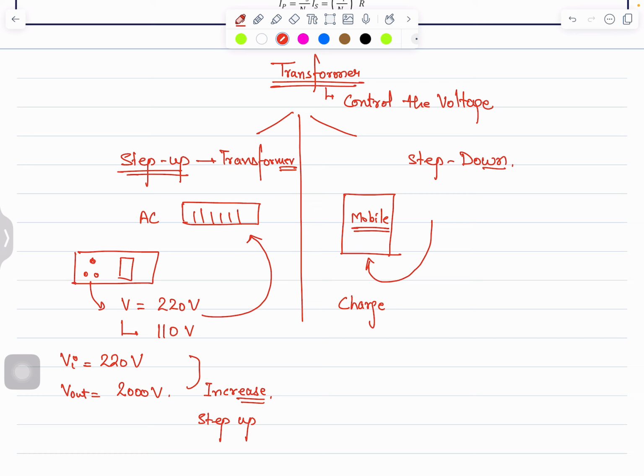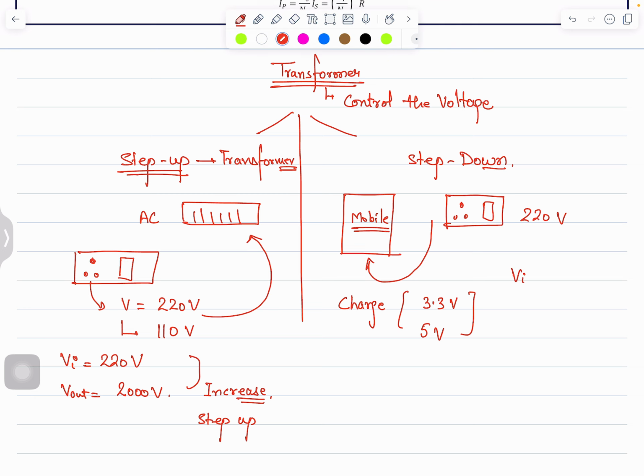Yes, but let's say there is a switch from which 220 volt is coming, and your mobile is looking for just 3.3 volt to a maximum of 5 volt. If you directly connect it with the switch, it will blast. Then what will happen? You need to step down.